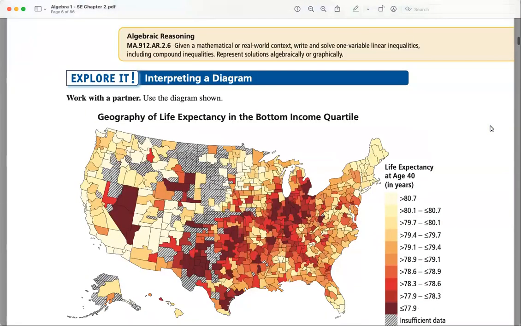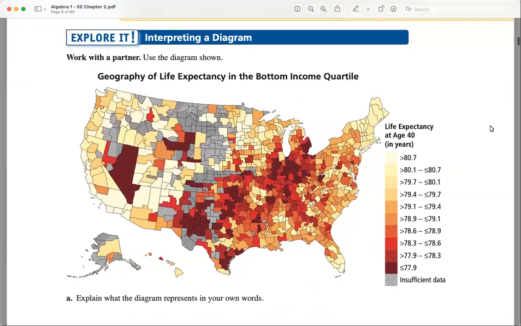And they give me a diagram of life expectancy in the bottom income quartile. Okay, so they want to ask me some questions and they give me the life expectancy at age 40. Okay, and then the different places.